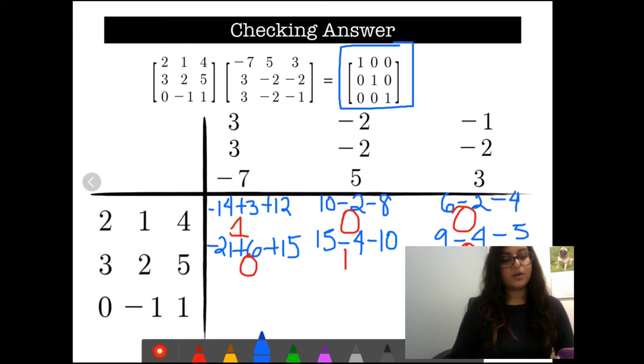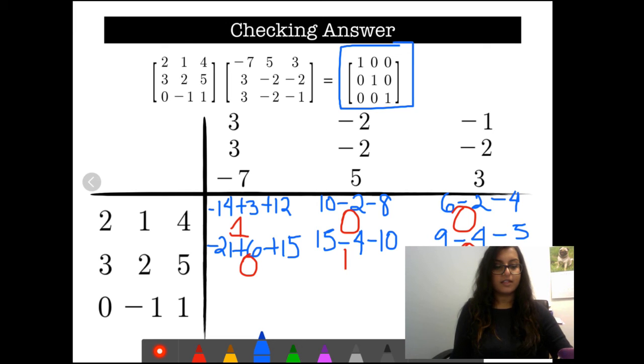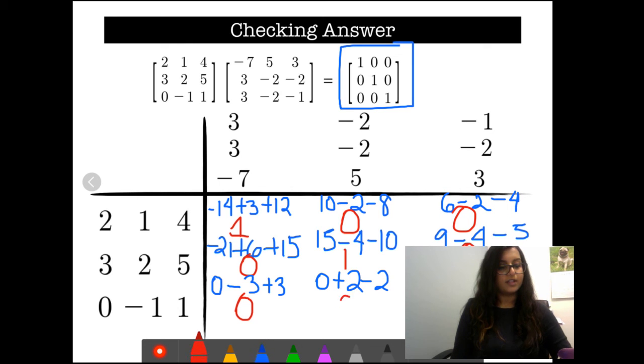And for the last row, we're going to do 0 times -7, which is 0, -1 times 3, so -3, 1 times 3, plus 3, and that's 0. Then 0 times 5, which is 0, -1 times -2, so plus 2, 1 times -2, -2, and that gives us a 0.